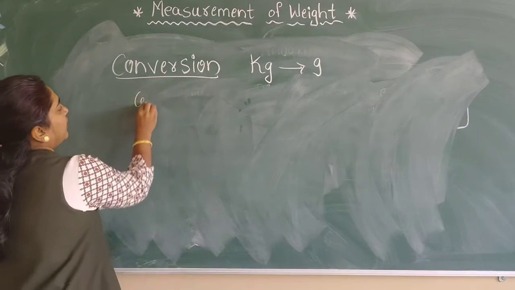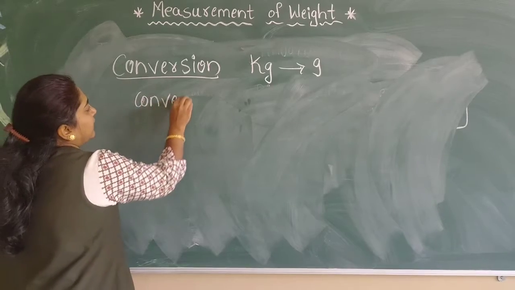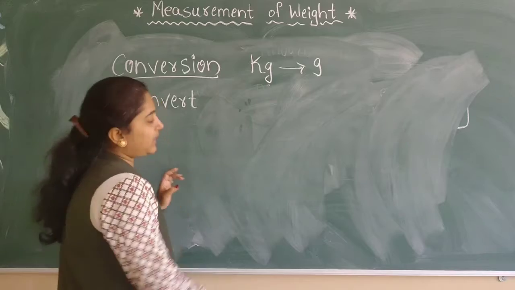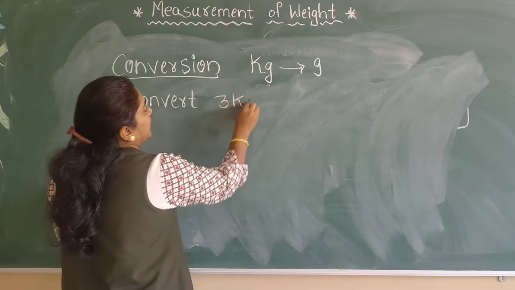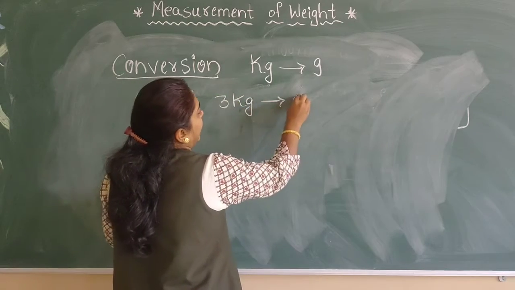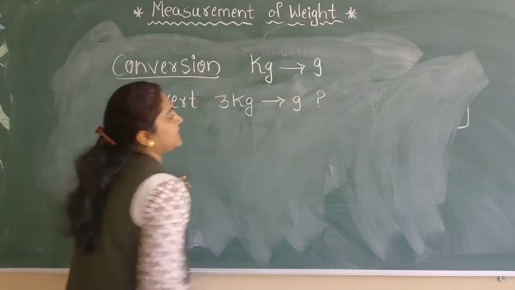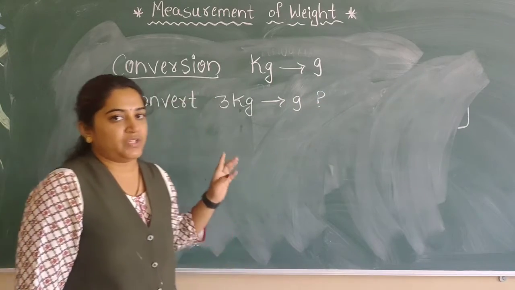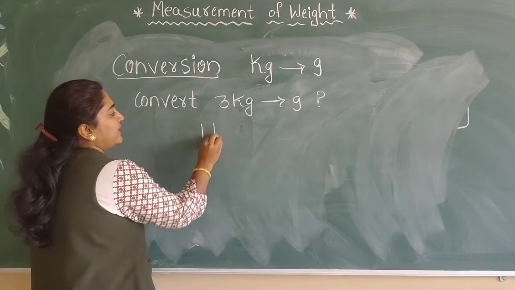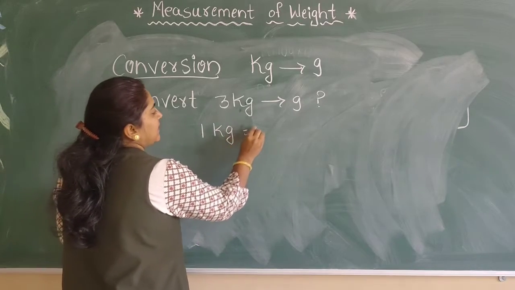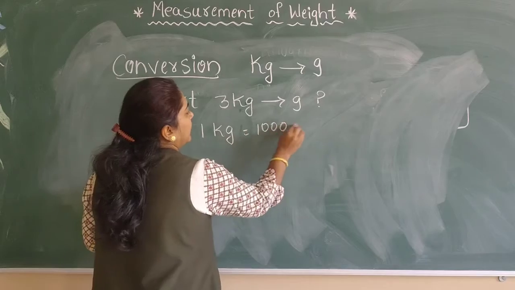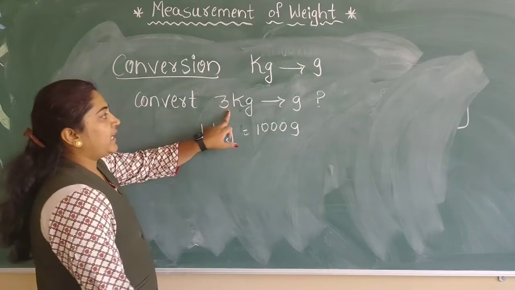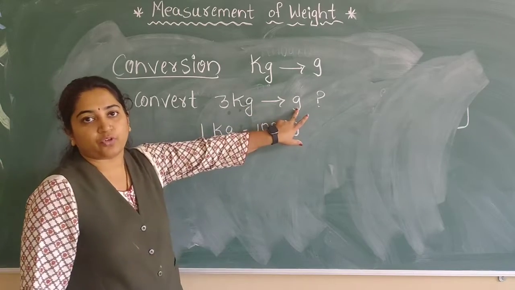Example, I want to convert 3 kg to gram. How much is it? We know the standard measurement, that 1 kg is equal to 1000 gram. So look here, 3 kg means how many grams do I want to calculate.